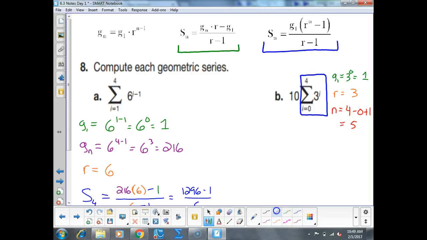So the sum of those 5 terms is going to be the first term, G sub 1, times R to the n power minus 1, divided by R minus 1.